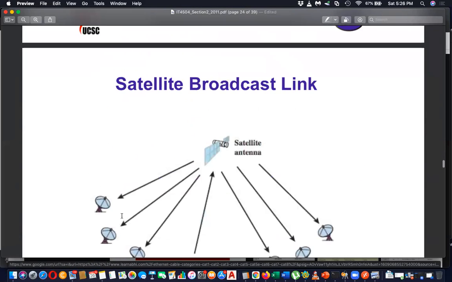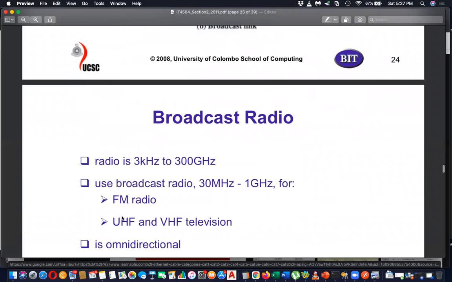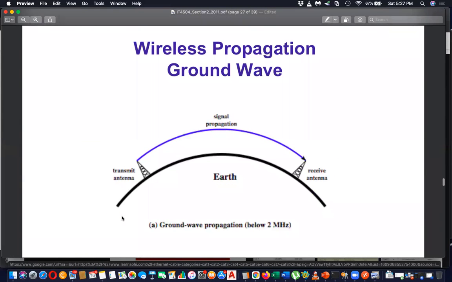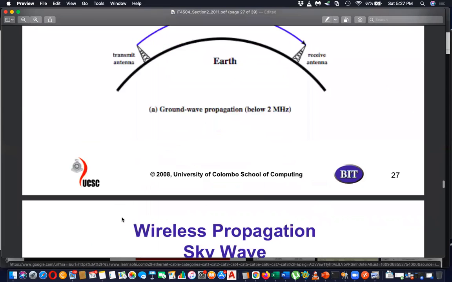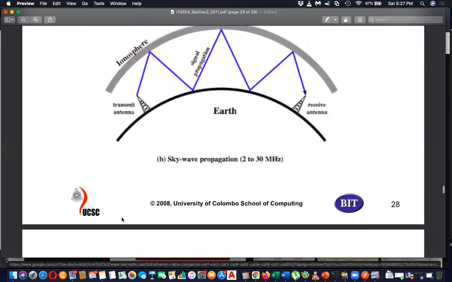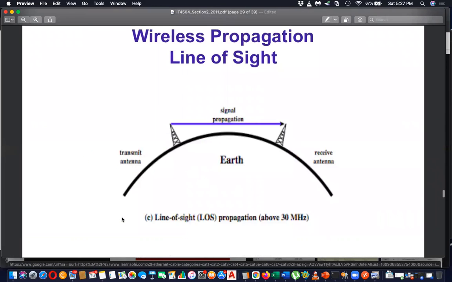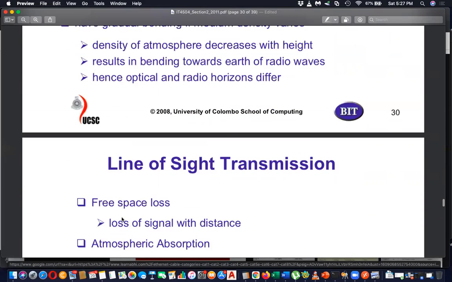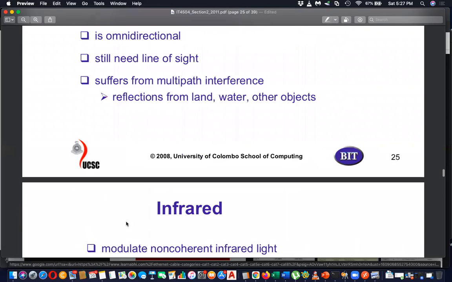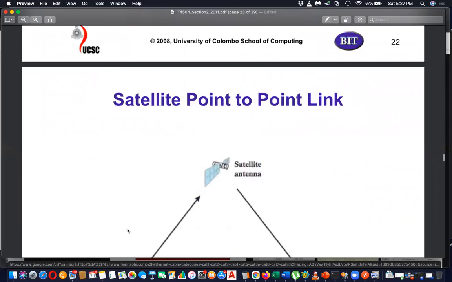And there are two kind of microwaves. So terrestrial microwaves, and so I want to show you an image. Wait, let me show an image. There are two kind of microwaves.